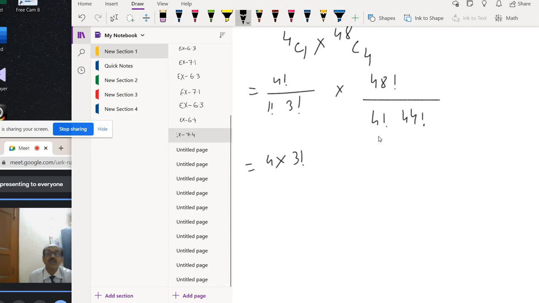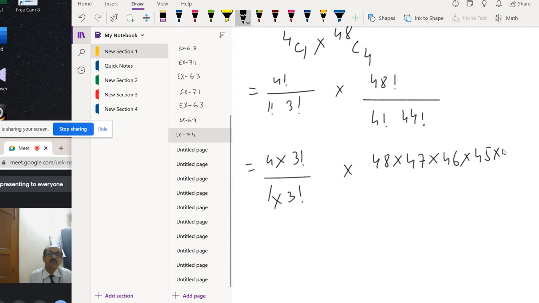Now 48 factorial means 48 into 47 into 46 into 45 into 44 factorial, by 4 factorial into 44 factorial.